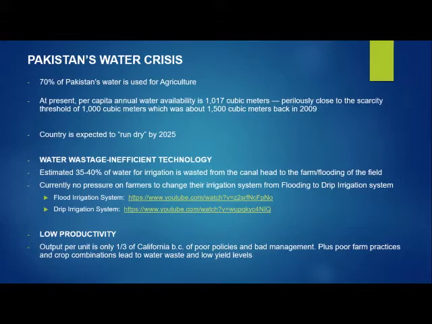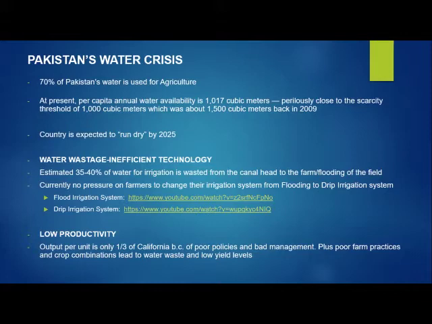In general, in our farming, there is low productivity because we are not using good policies, and there is bad management. If we compare our output per acre to, let's say, America, and we look at California, where there are a lot of farms, our output is just 1/3 of what is grown in California.